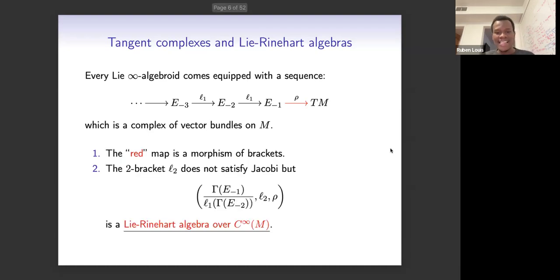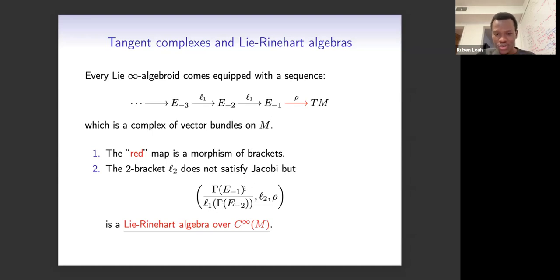If you take the quotient in the negative degree here by the image of L1, you obtain something where the second bracket L2 itself doesn't satisfy Jacobi, but the Jacobi defect is in the image of L1.